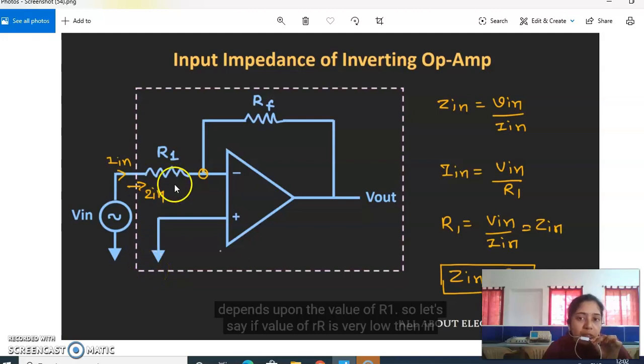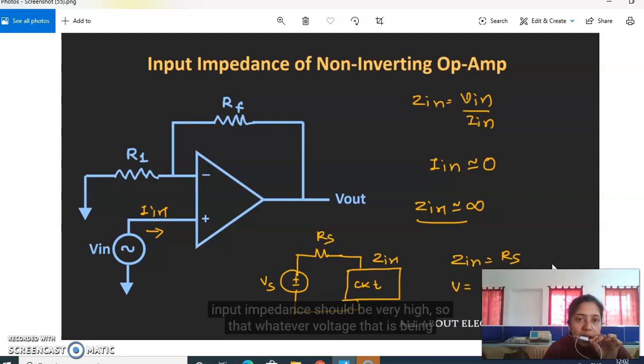Here the input impedance is indicated by Zin, and this Zin is equal to R1. The current flowing through the terminals of the op amp is indicated by I, so I equals V by R, that is Vin by Zin, so Vin by R1. So almost Zin equals R1. That is the input impedance of the inverting op amp.